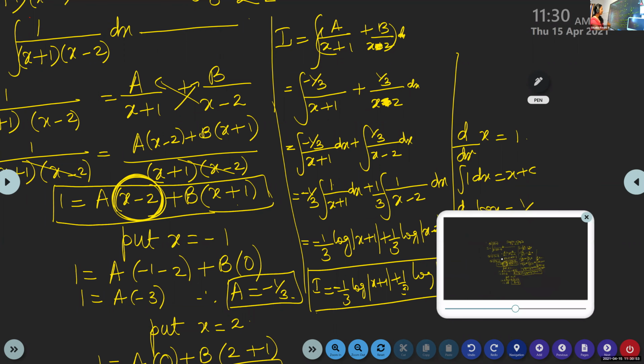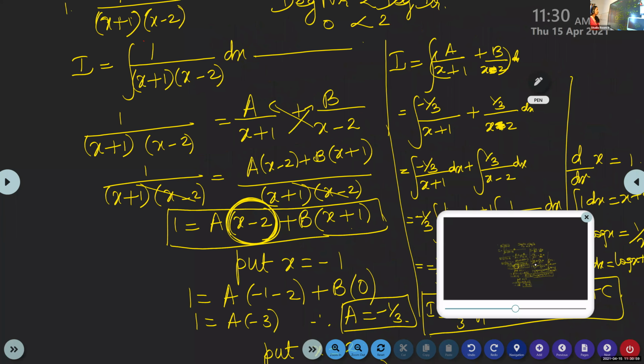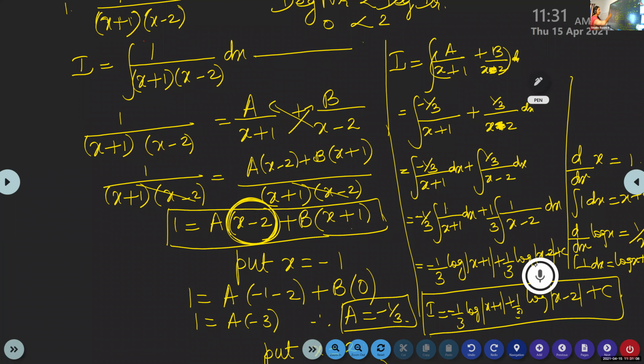Listen, children, I'm repeating this part. This is the question: integral of 1 by (x plus 1)(x minus 2) into dx. What we are doing here is splitting it into two parts: A by the first part plus B by the second part. Then we take the LCM.